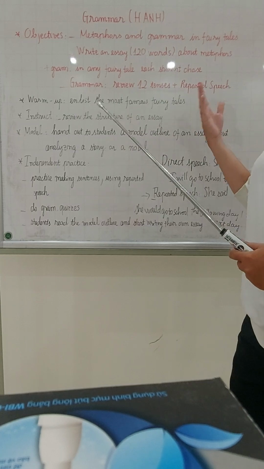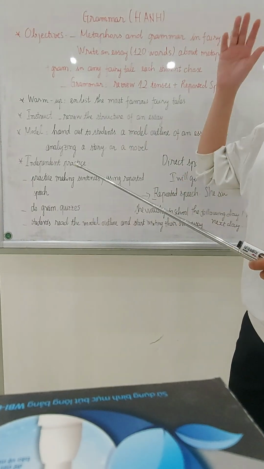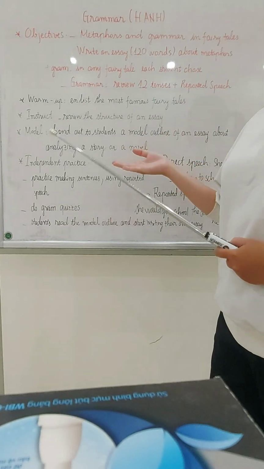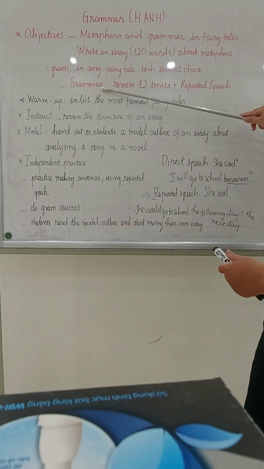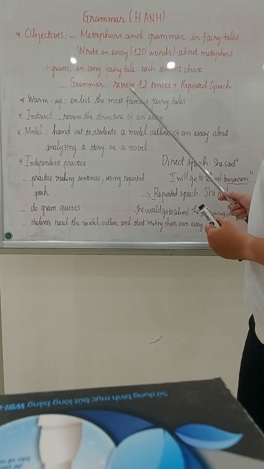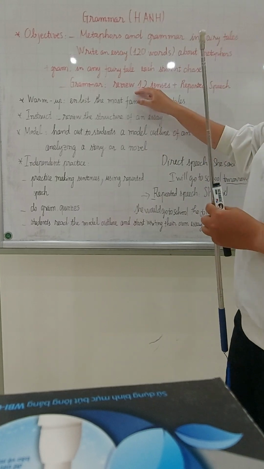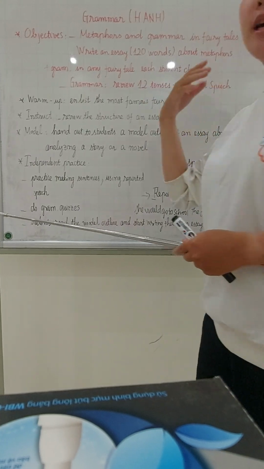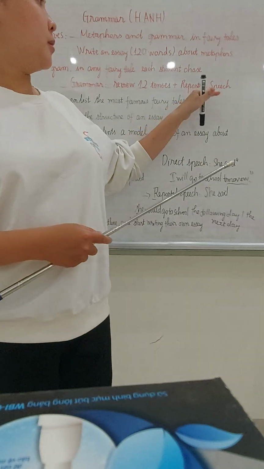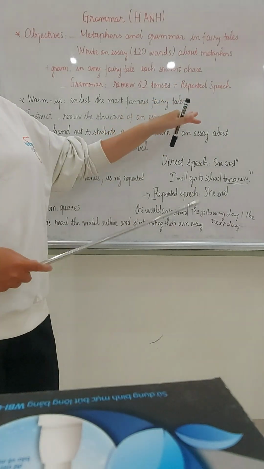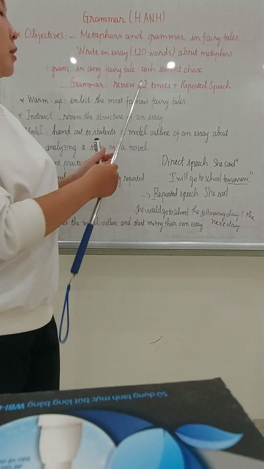So you can write better, and you have to follow the request from the author. And of course, during your writing, you have to review 12 tenses, which we have repeated lots of times.